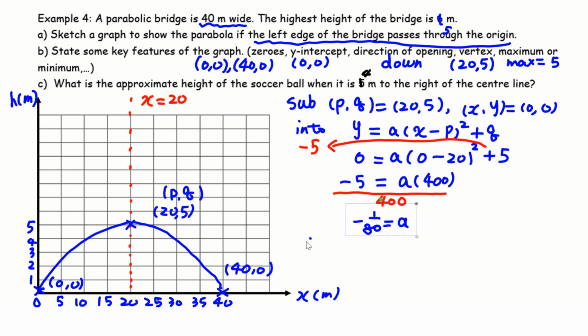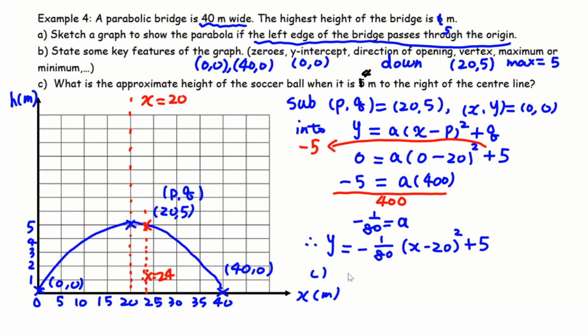So now we have the equation for this path: negative 1 over 80 bracket x minus p bracket squared plus q is 5. It asks you for 4 meters to the right of the center line. So 4 meters to the right of the center line will be 24. So x equals 24.